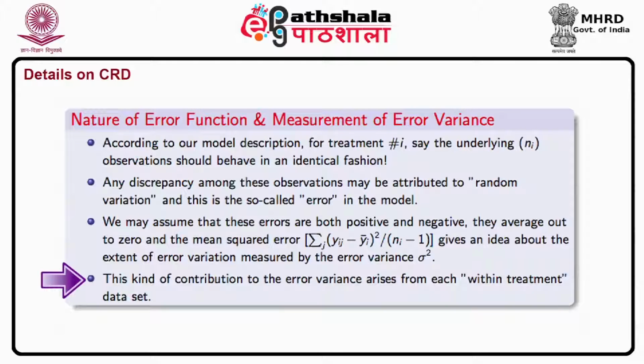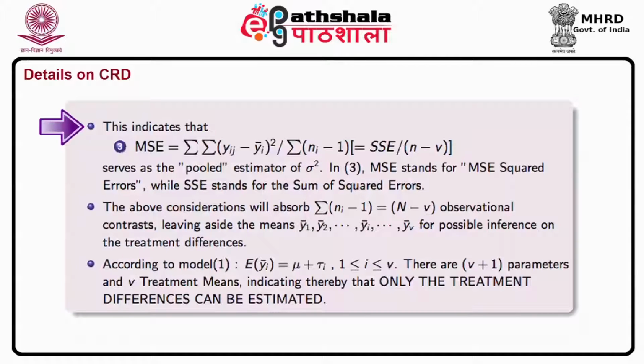So this kind of contribution to the error variance arises from each within treatment dataset. And this indicates that the MSE is equal to the double summation of y ij minus y i bar whole square by the sum over n i minus 1, which is equal to the sum of squares of error by n minus v.